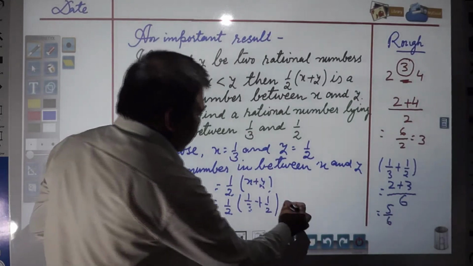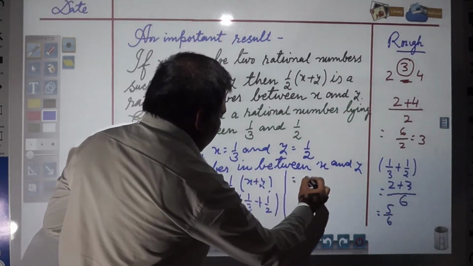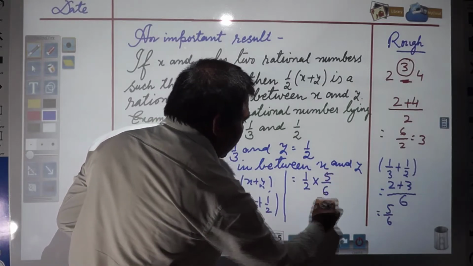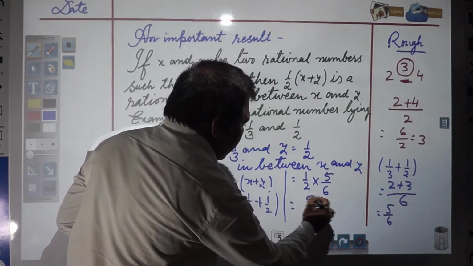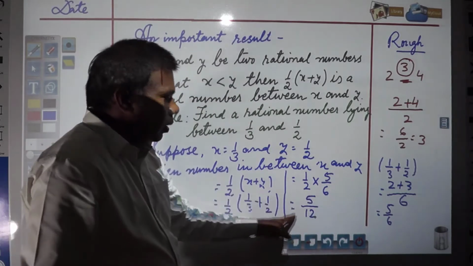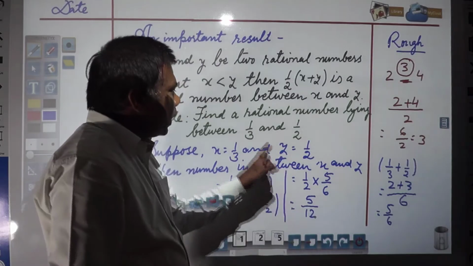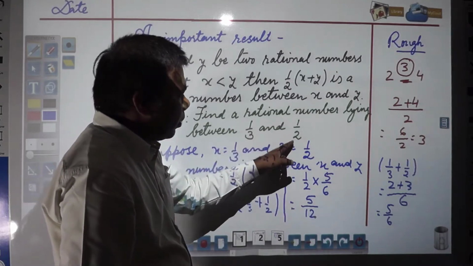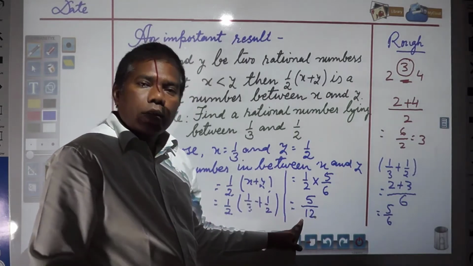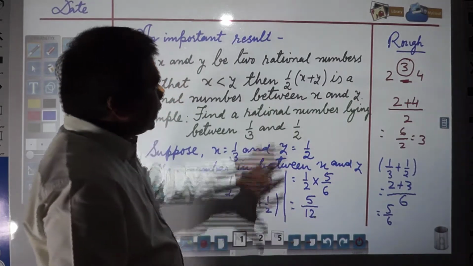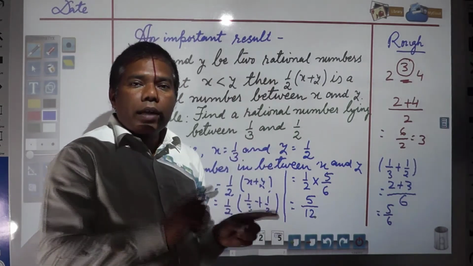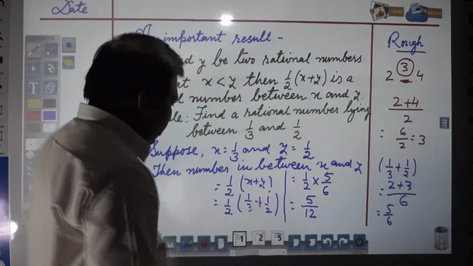So here you will get 1 by 2 into 5 by 6, which means 5 1s are 5 and 6 2s are 12. So your desired number, in between the two rational numbers 1 by 3 and 1 by 2, will be 5 by 12. This will be your answer. In this way you need to find a rational number between two given rational numbers. Okay, next we will see.